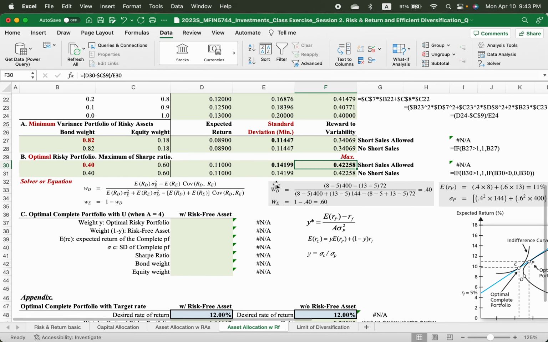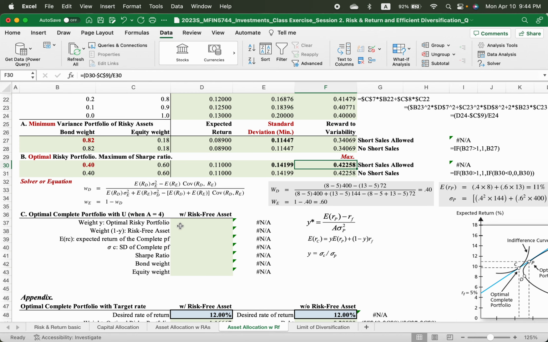Now, once we completed this optimal level of risky portfolio, then let's allocate to the risk-free asset. So let's go to the optimal complete portfolio, where the utility function average score is 4.